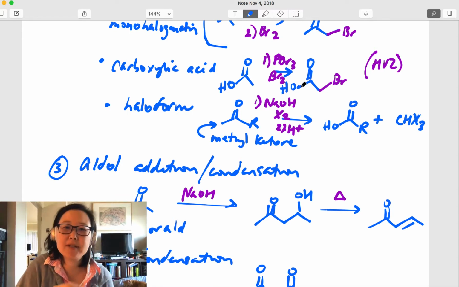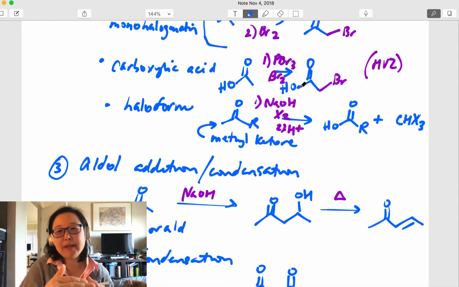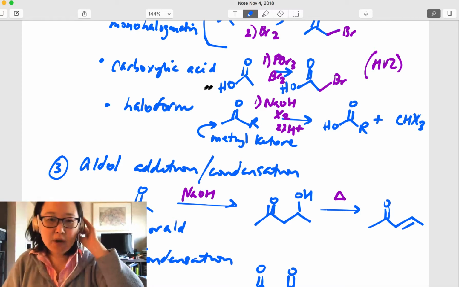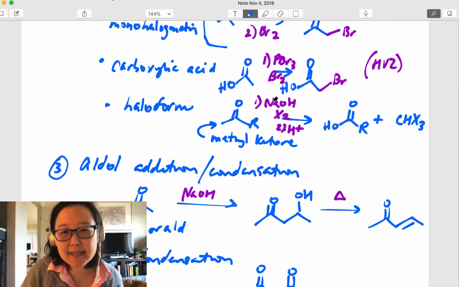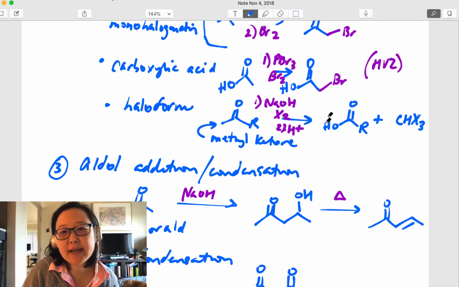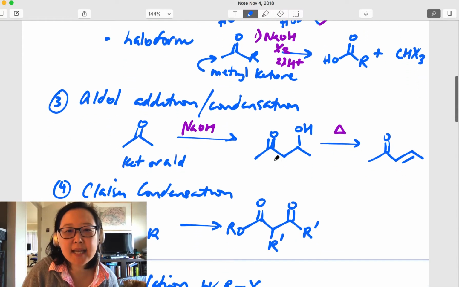So it'd be good for you to write this reaction, then leave space for a mechanism and write out that mechanism. For the haloform reaction, we have basic conditions now. So with base, you would get multiple halogenations, and then you would have the hydrolysis occur and have a bromoform at the end. So there's that reaction.